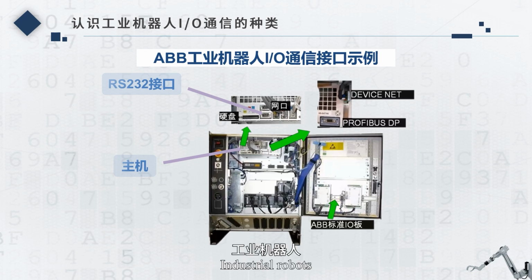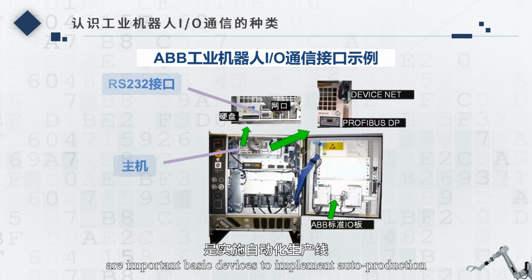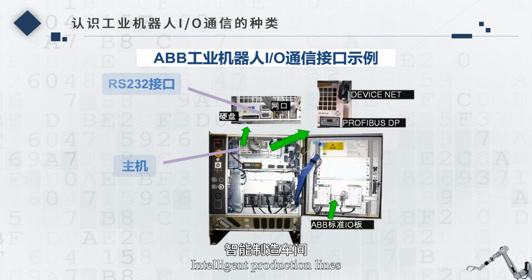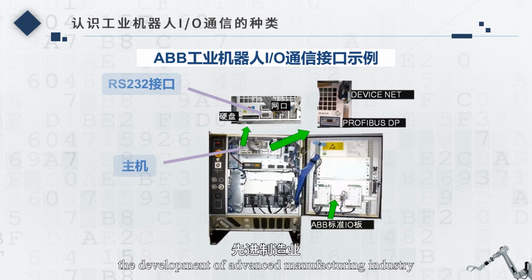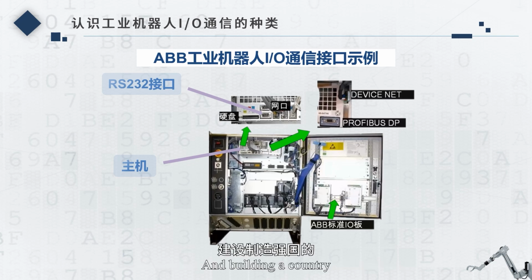Everyone, industrial robots are important basic devices to implement automated production, intelligent production lines, digital plants, and smart plants. They are also crucial to accelerate the development of the advanced manufacturing industry and building a country strong in manufacturing.